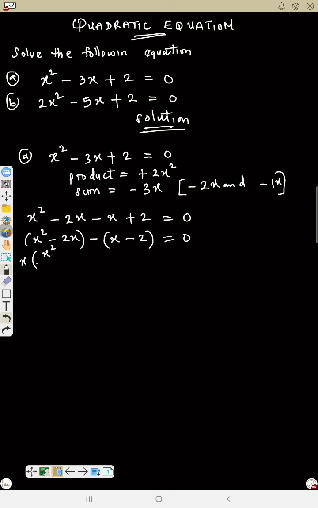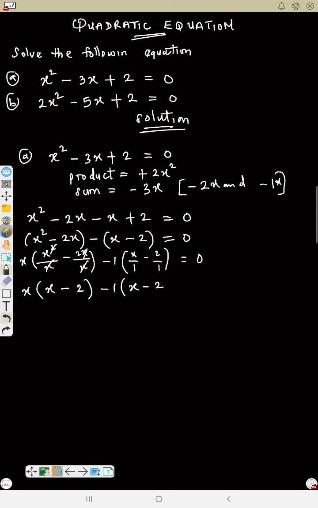Divide: that will be s squared over s, which becomes s. Then minus 1s over 1, minus 2 over 1 equals 0. This will cancel out, that will be s minus, again this will cancel out, s minus 2, minus 1 into brackets, s minus 2 equals 0.